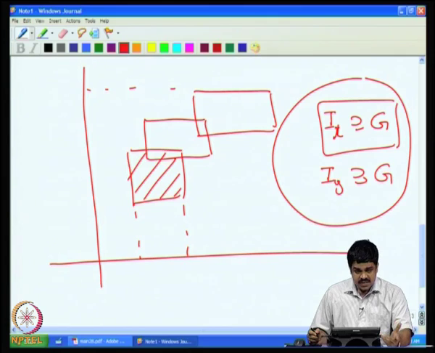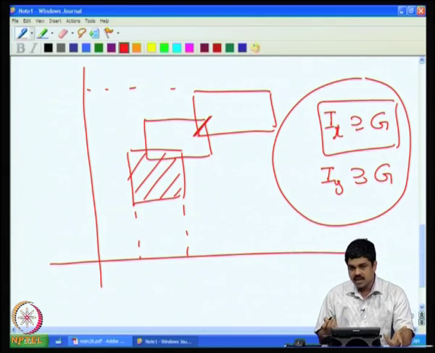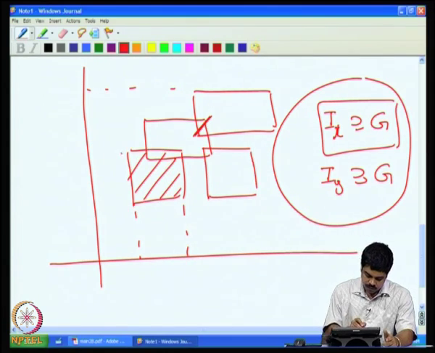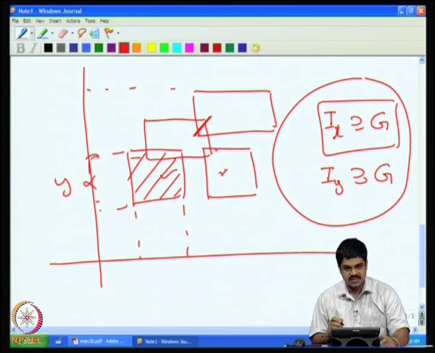So, here the vertex set is the same, but the edge set can be more, but every intersection here will correspond to an intersection for the projections also. Sometimes you may get an intersection in a projection even when the rectangles are not intersecting. For instance, if you had a rectangle here and another here, both of them are intersecting in the projection on the y axis, but they are not actually intersecting, right. That is why these extra edges are coming.